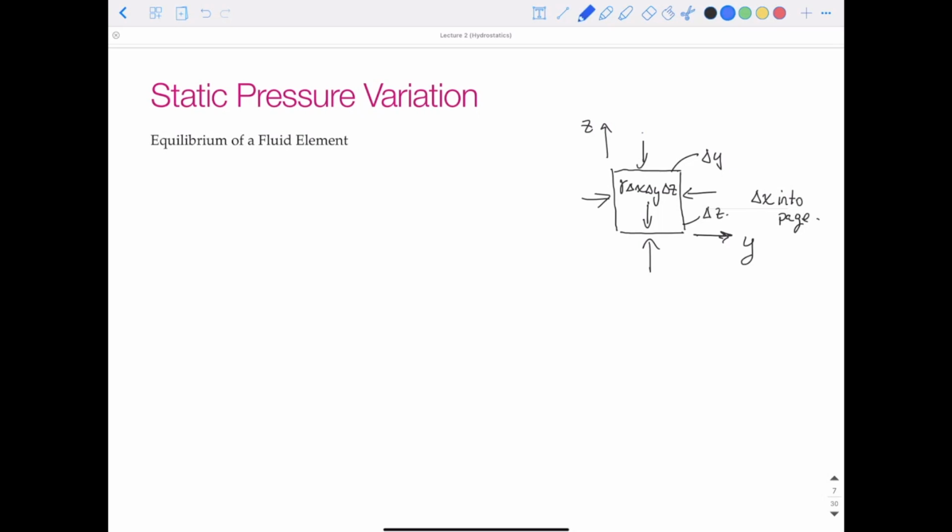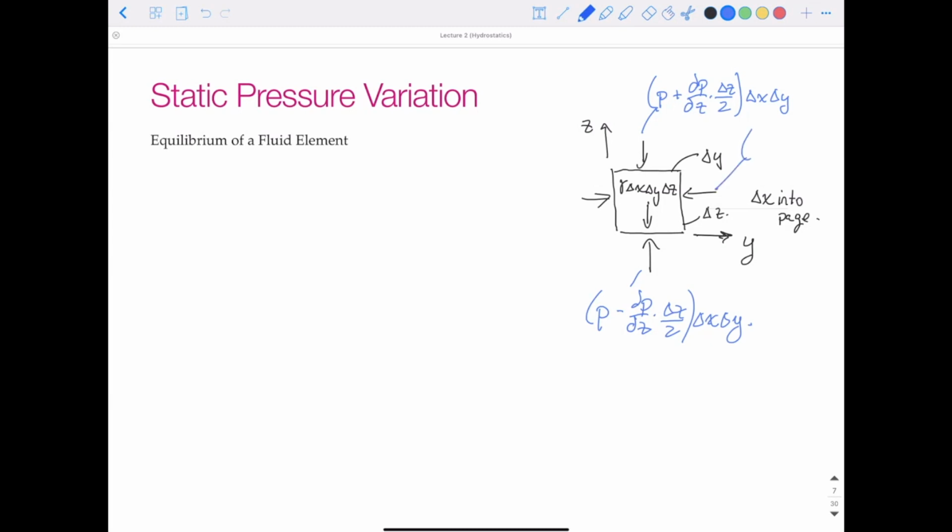The first one in the Z direction at the top, we can write as P plus dP/dZ times delta Z over 2, all times the area delta X, delta Y. At the bottom, we have P minus dP/dZ times delta Z over 2, times delta X, delta Y.